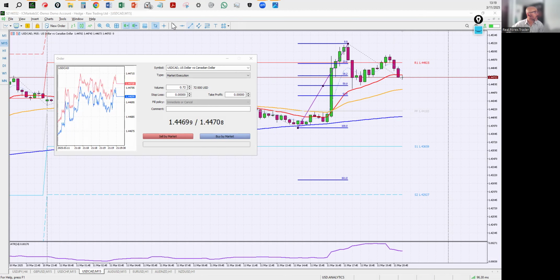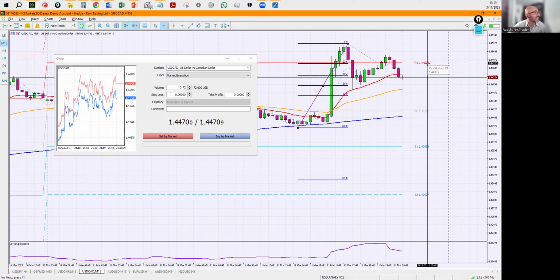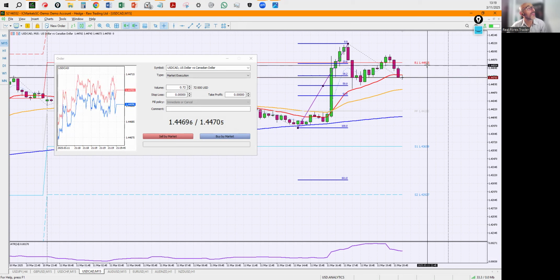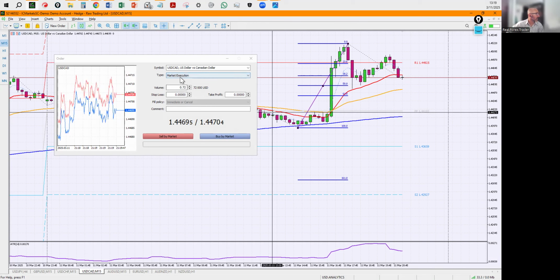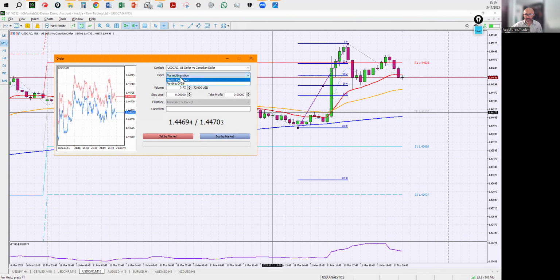So my entry point is where? My entry point is right above the previous candle. But remember, never market execution.